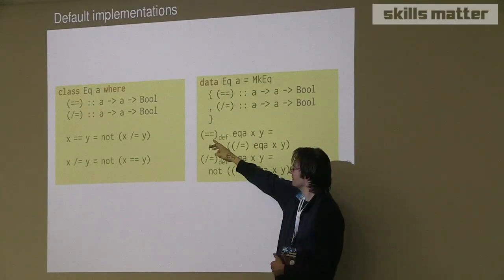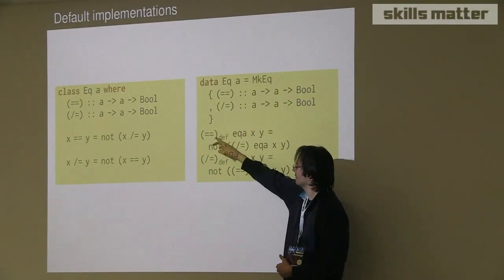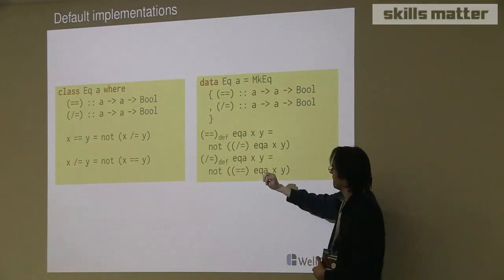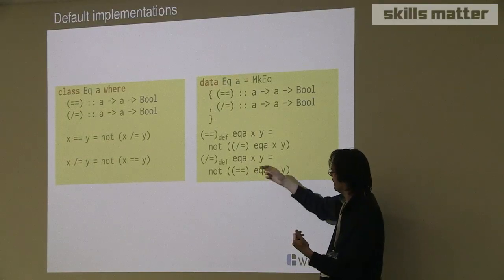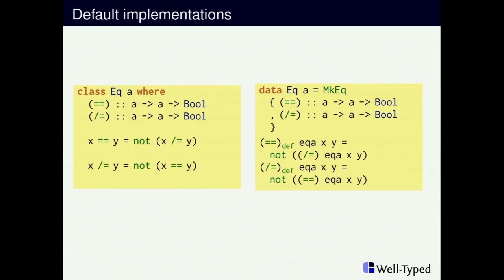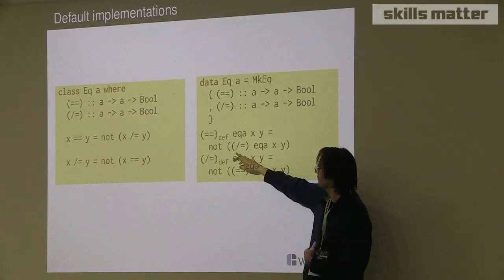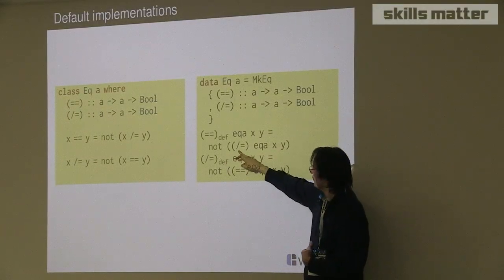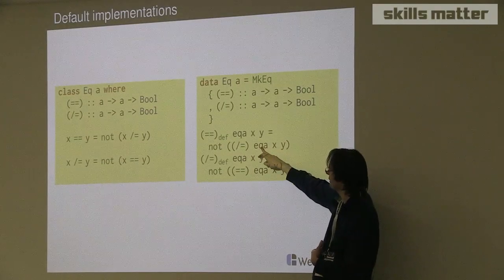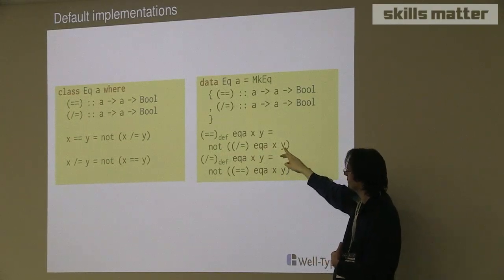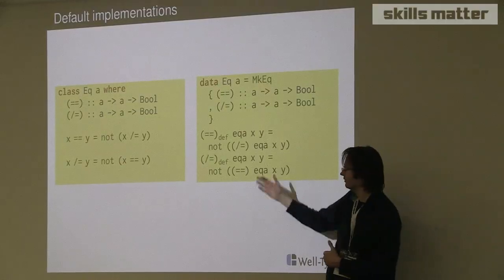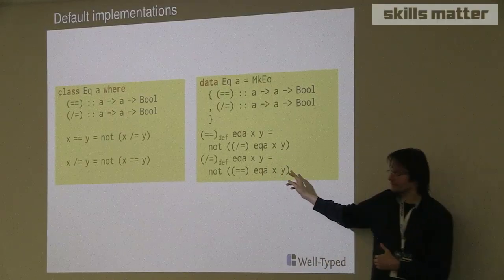So there is going to be a definition for equals, the default implementation of equals, which is itself having an EQA constraint because it's defined inside the EQA class. So it gets an EQA dictionary passed. And it gets its two arguments, x and y. And then it's implemented by calling not equals for the passed-in dictionary on x and y. And similarly, the not equals method is defined by calling equals.